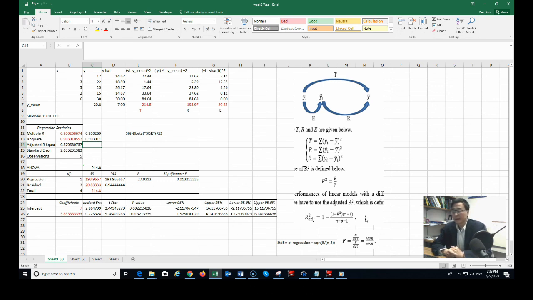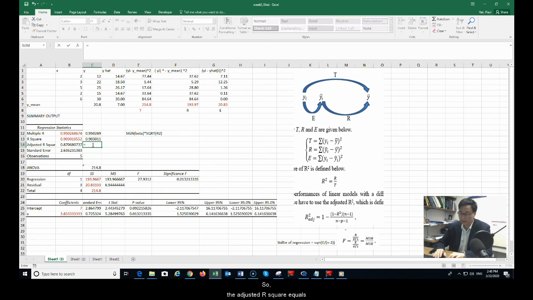Okay, if we had two models, one model with one independent variable and the second model with, for example, 3 independent variables, the R square of the second one is always higher than the first one because it has more independent variables. To factor in the number of independent variables, then we use adjusted R square.